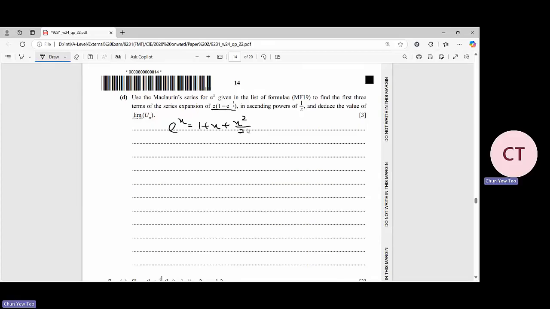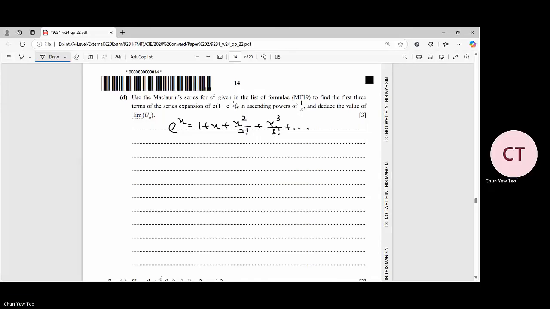This is the Maclaurin series for the exponential e to the power of x. Okay, we only want the first three terms, but over here I need to put in four terms, because I have 1 minus over here, so I need four terms.